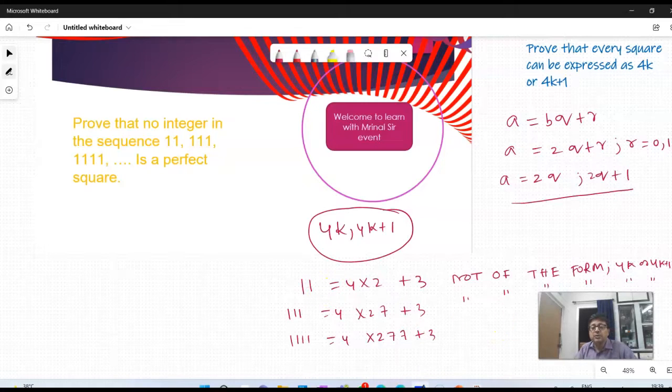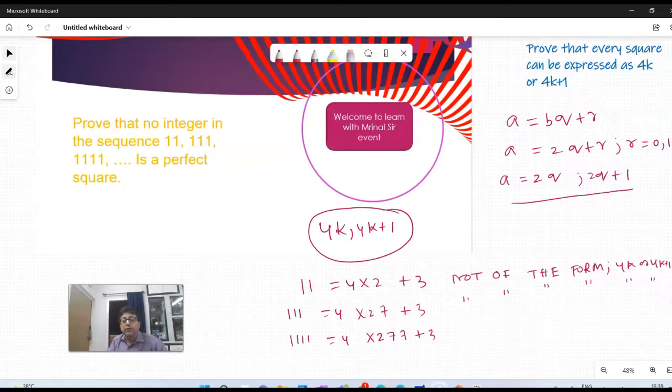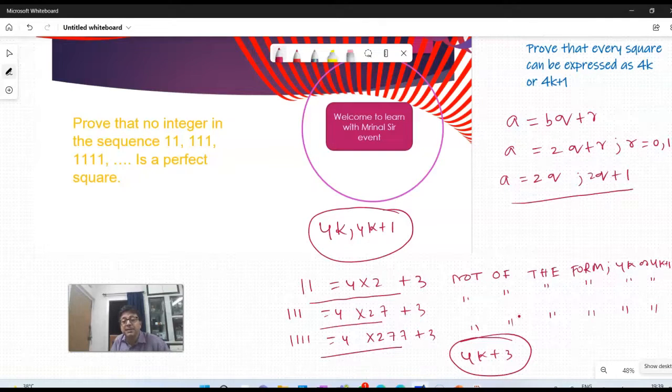This is also not of the form 4k or 4k plus 1. So all the integers in this sequence come to the form 4k plus 3, and 4k plus 3 you can never express in the form 4k or 4k plus 1. So no integer in this sequence is a perfect square.